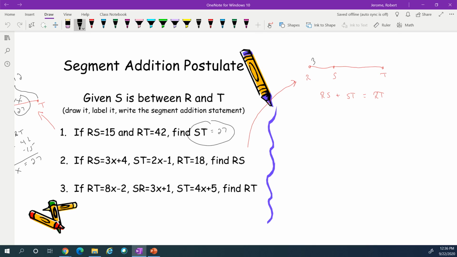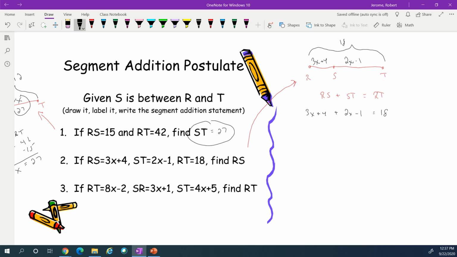RS is 3x plus 4, ST is 2x minus 1, and RT, the whole thing, is 18. So let's plug that in. 3x plus 4 plus 2x minus 1 equals 18.